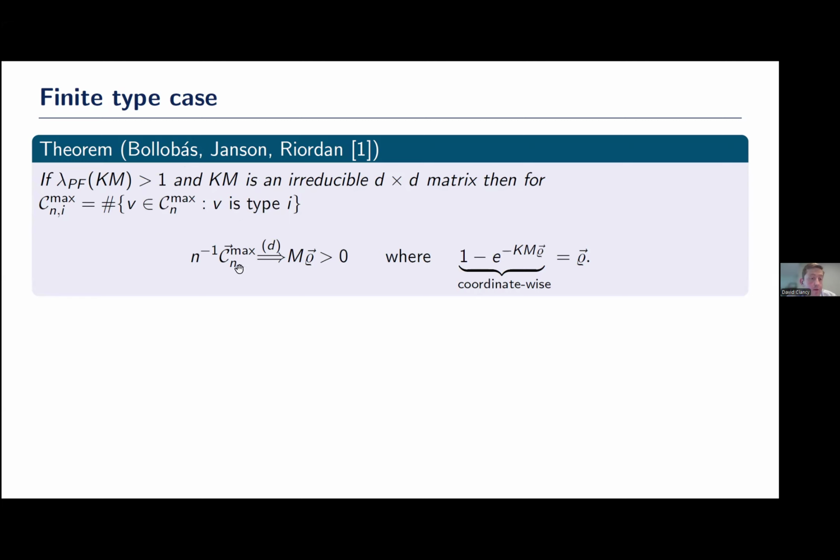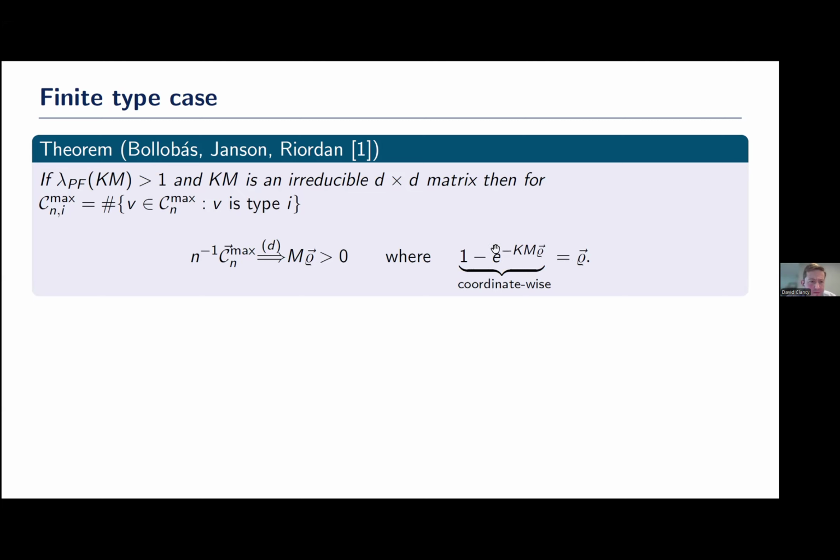then we can write down the number of vertices of each type as a vector. This is now a vector in R^d. We can divide by n, the number of total vertices in the graph, and this converges to an explicitly computable limit, which I'll write as M times rho, where this is a fixed point to a very similar equation that we saw before, except now it's 1 minus e to the minus K_M rho is equal to rho.